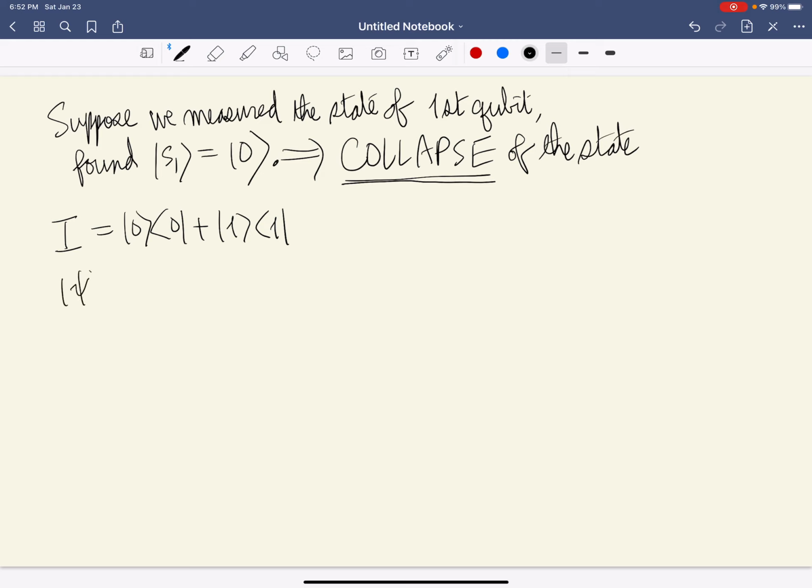So anytime we have this state, we can equivalently write this in this form. Okay, so this 0 means the 0 eigenstate for the first qubit, and this is the basis 1 state for the first qubit.